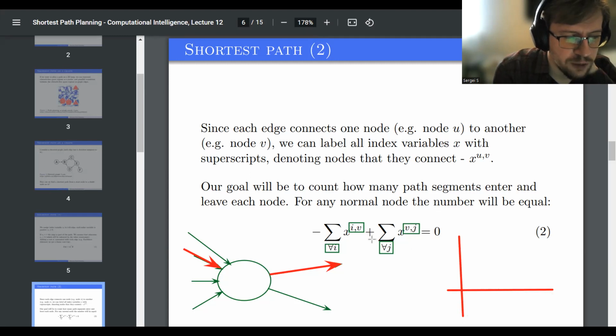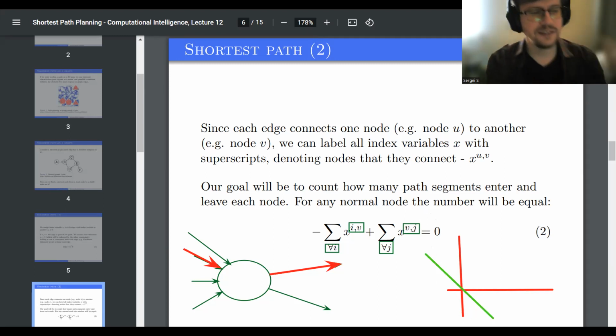Let's say you have 2 variables, x1 and x2, and you say minus x1 should be equal to x2, right? Minus x1 should be equal to x2. So the graph in this case would look something like this. Is that correct? Minus x1 equals x2.